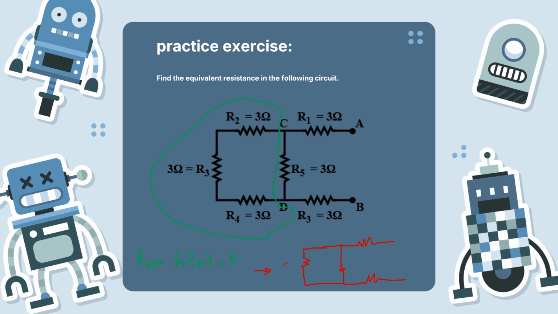So 9 ohm, 3 ohm, 3 ohm, and 3 ohm. So now these two are in parallel combination, so we need to use the formula. It was like this.